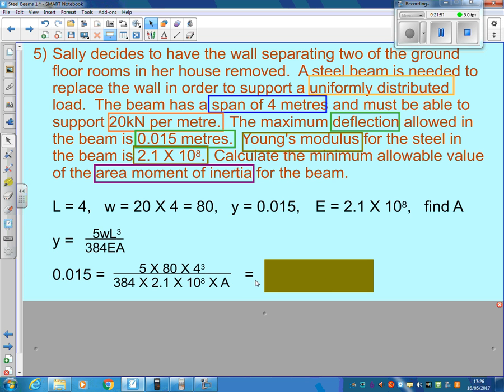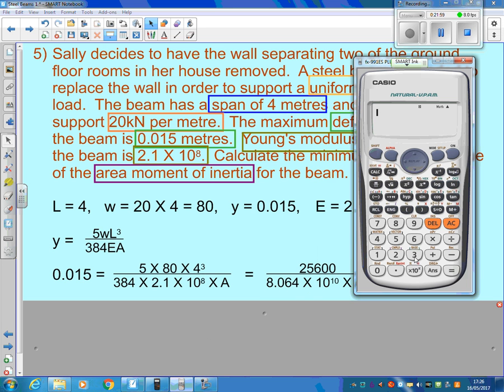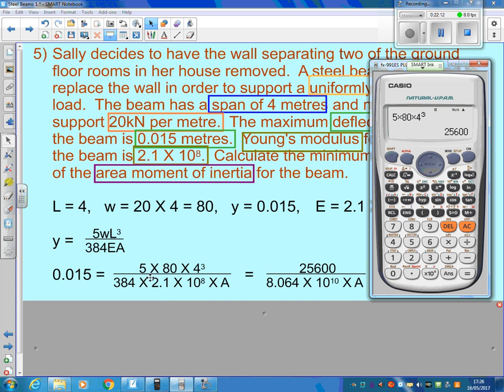Okay, now I can simplify this. I can do 5 times 80 times 4 cubed. You could do that on your calculator. Let's just check. 5 times 80 times 4 to the power of 3 equals 25600. And then on the bottom, I've got 384 times 2.1 times 10 to the 8.